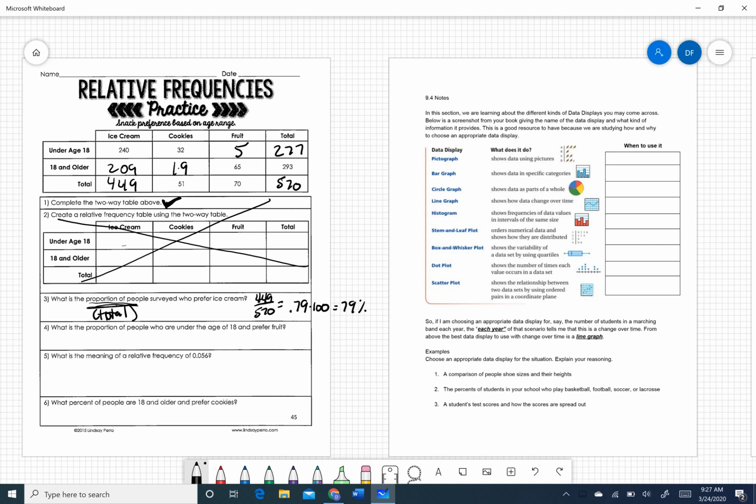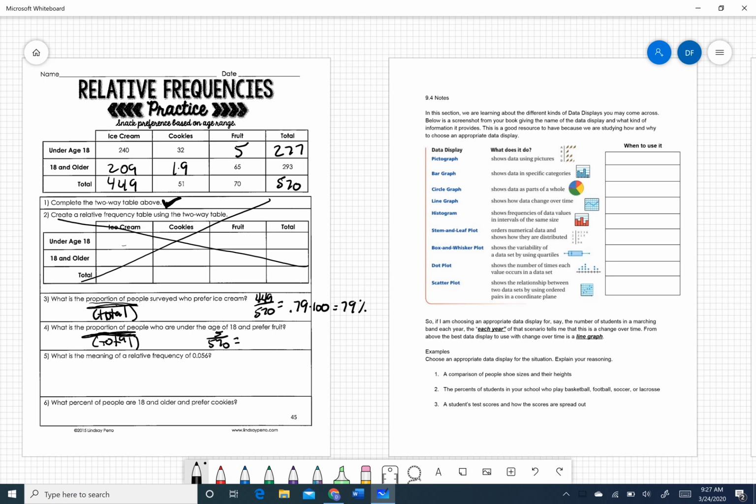Number four is asking the proportion of people under 18 who prefer fruit. So I'm looking at my fruit column under 18. That's 5 people that are under 18 that prefer fruit, and we're looking from the total. Proportion of people is the total, right? So 5 out of 570 people said that they prefer fruit and are under 18.